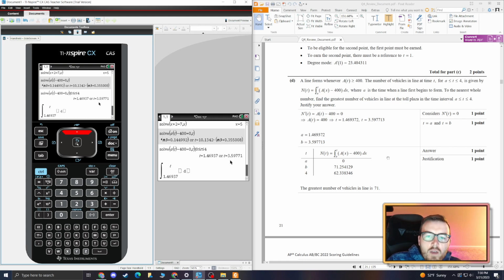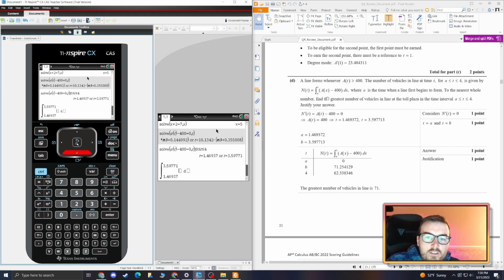So we know a is 1.46, and where do we plug it into the function? That's key. We're plugging in for t, not x, but t. So t is now 3.59771, because that's one of our candidates that we're testing.